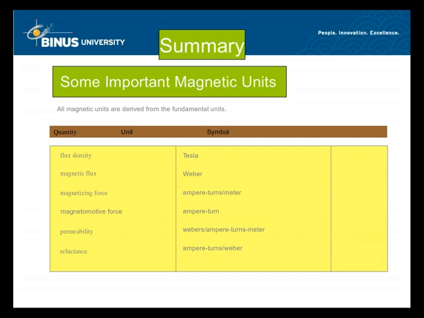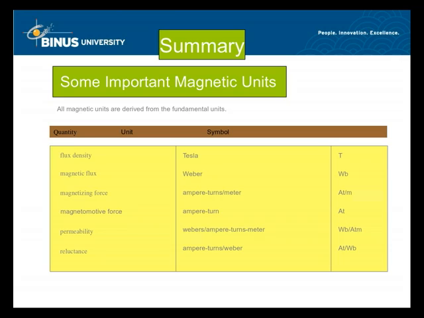Weber is for the magnetic flux. Magnetizing force is ampere turns per meter. Magnetomotive force is ampere turn. Permeability is Weber per ampere turn meter, while the last one, reluctance, is ampere turns per Weber. The symbols are shown on the slides accordingly.